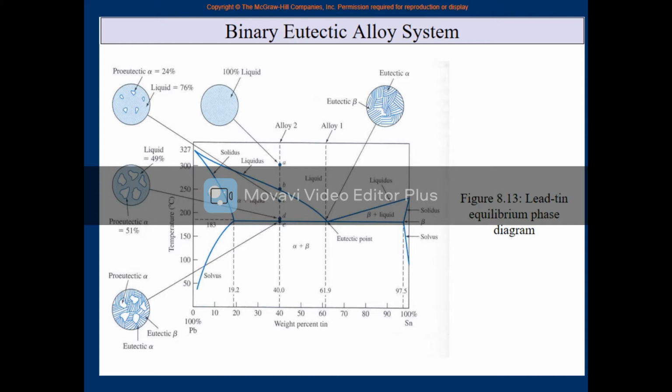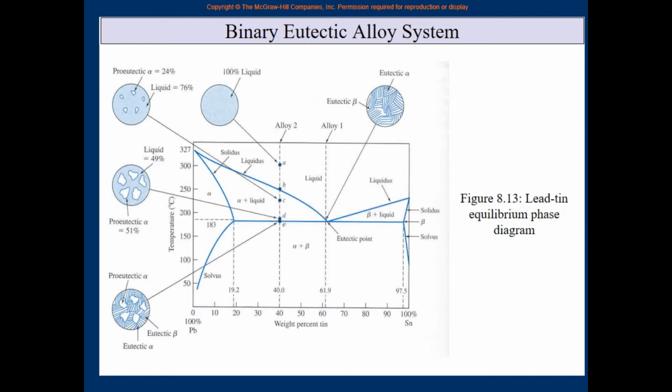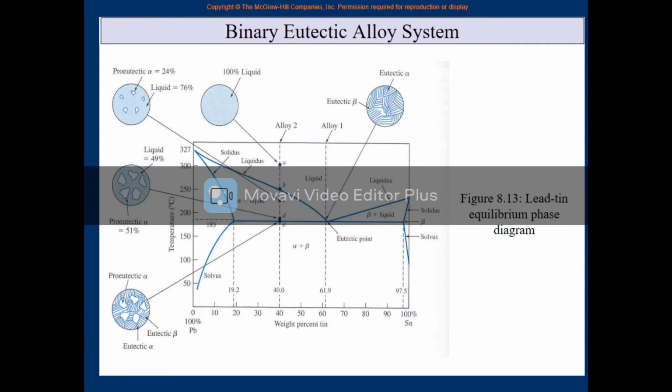The first question is, what are the phases present? Second question is, what is the composition of the phases? Third question is, what is the mass fraction of the phases using lever rule? Fourth question, can you draw a simple diagram showing the structure of the phases?